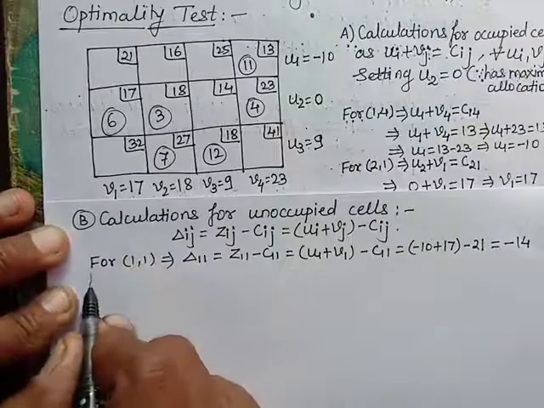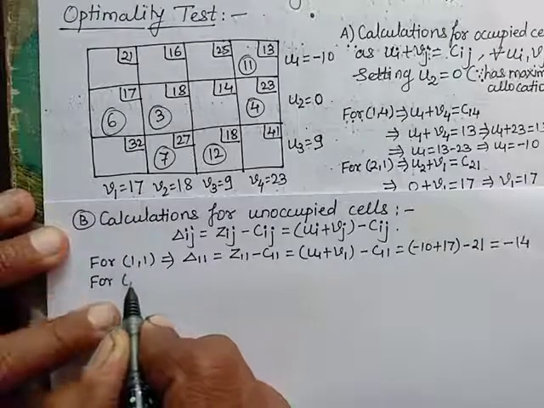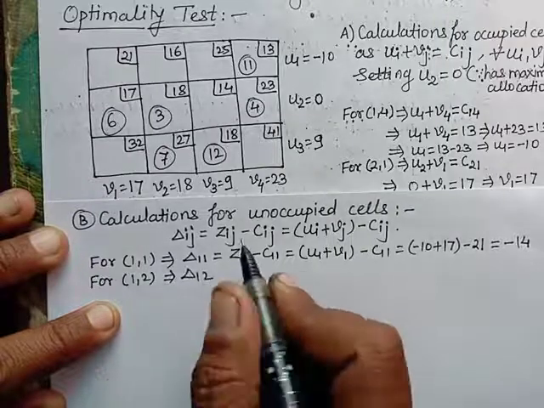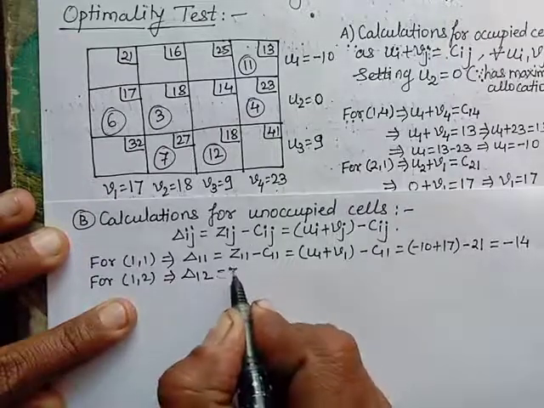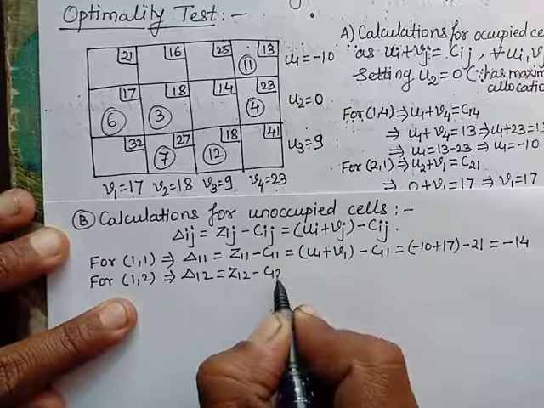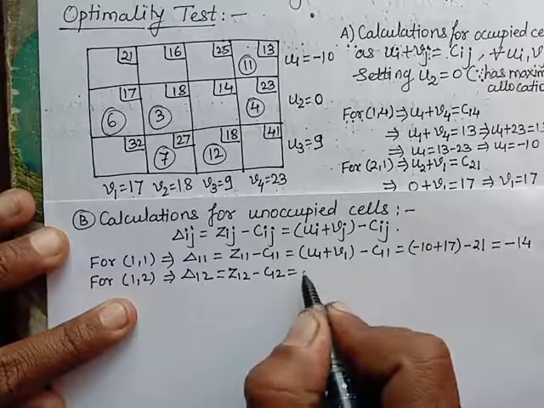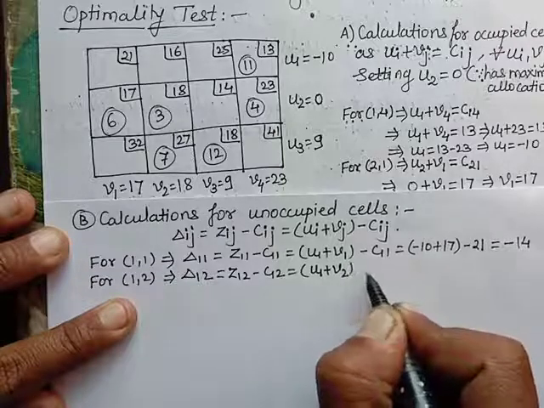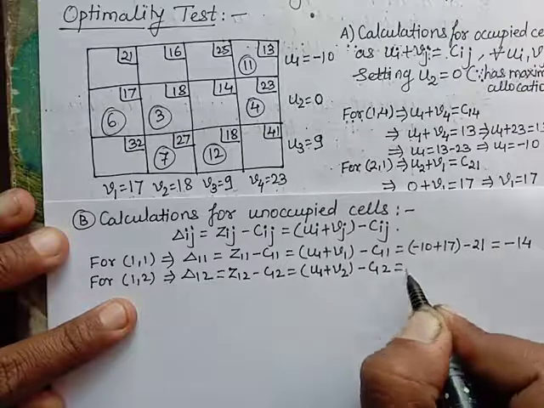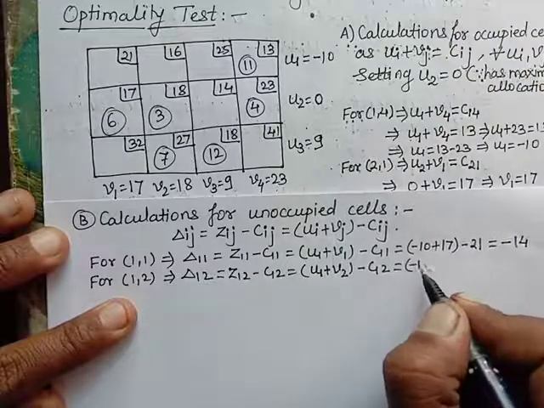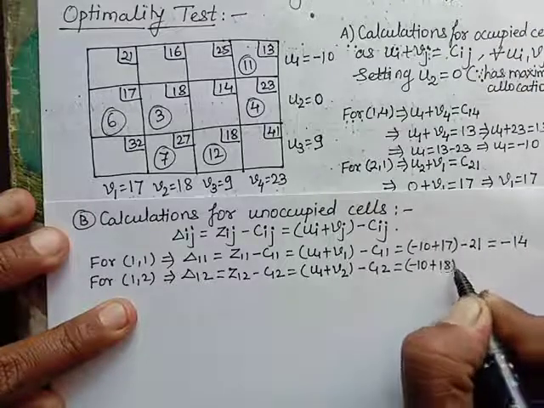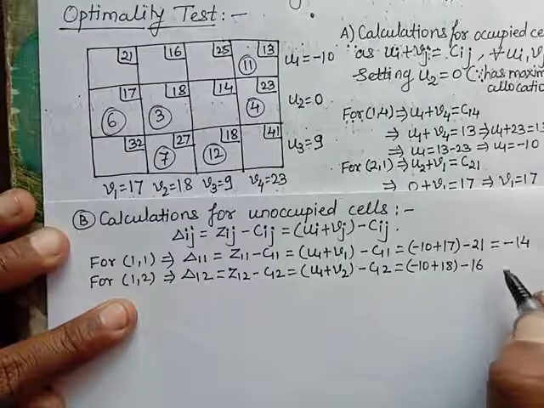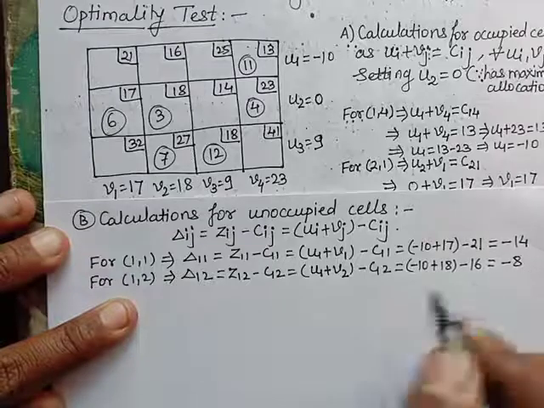Now next for 1,2. Delta 12 is Z12 minus C12. You can directly write this part also. It will be U1 plus V2 minus C12. U1 is minus 10, V2 is 18, minus 16. So it will be 8 minus 16, so it is minus 8.